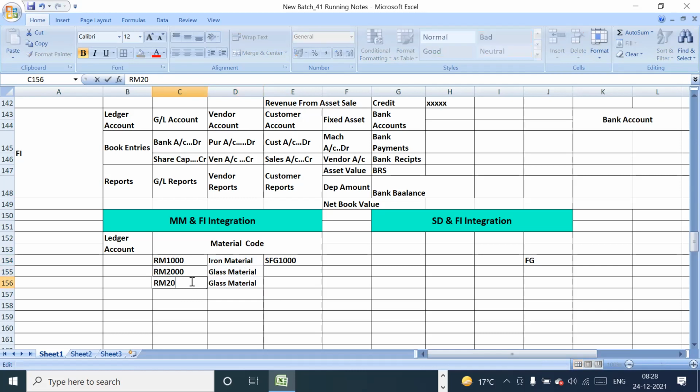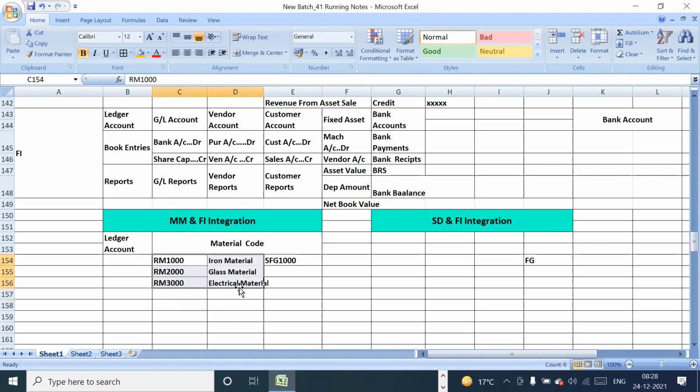Electrical materials, some electrical things, fiber items, batteries, headlights, paints, tires. So this kind of materials they have to buy.